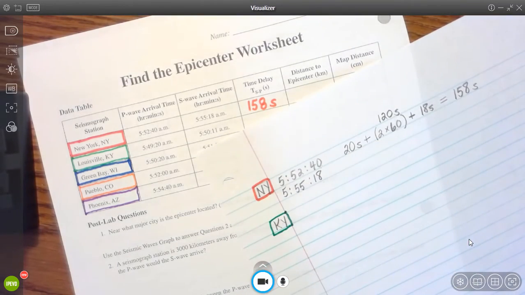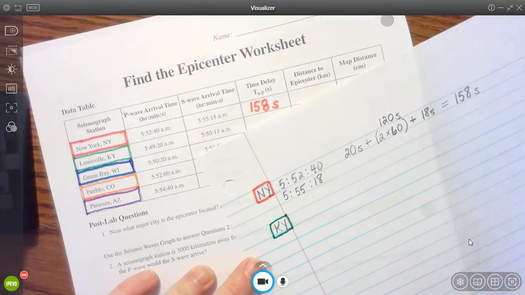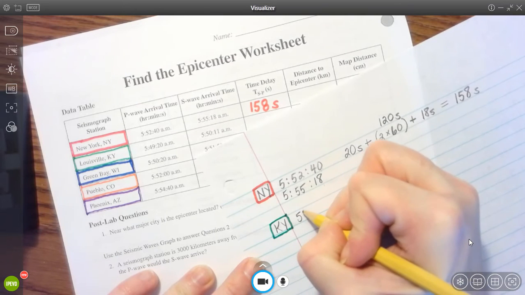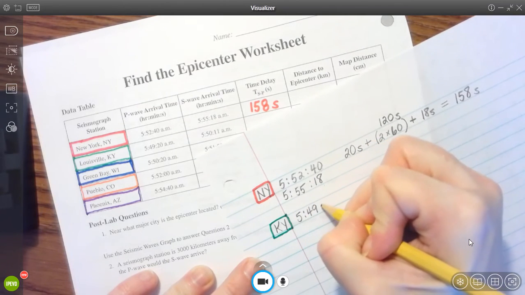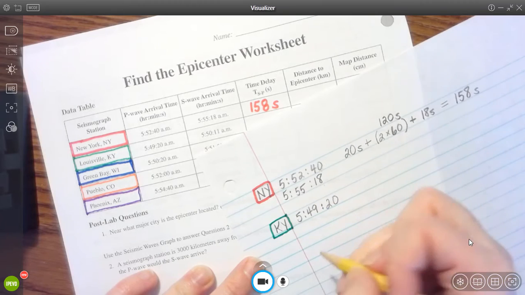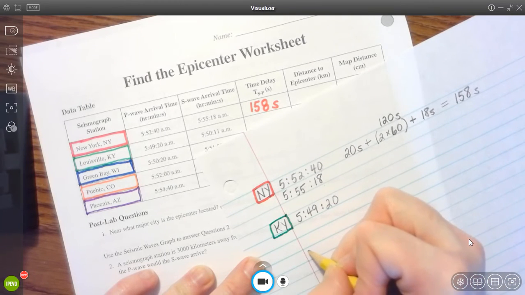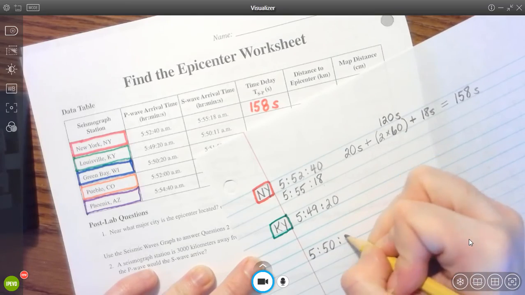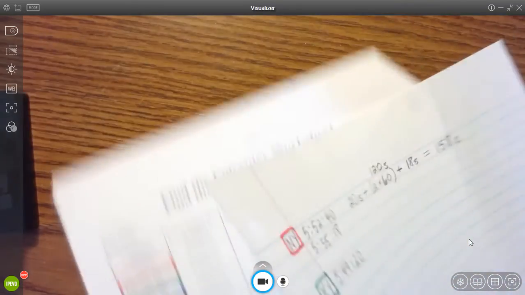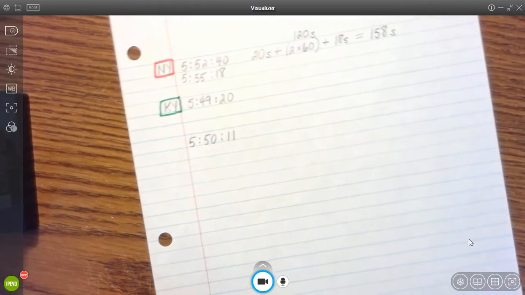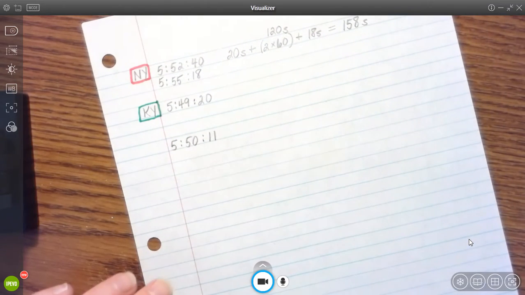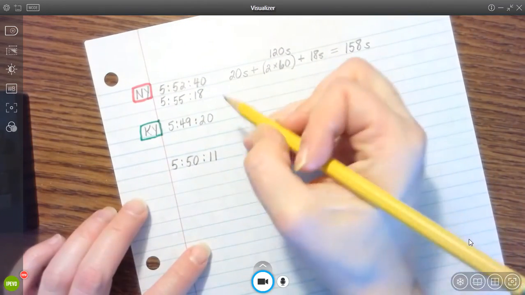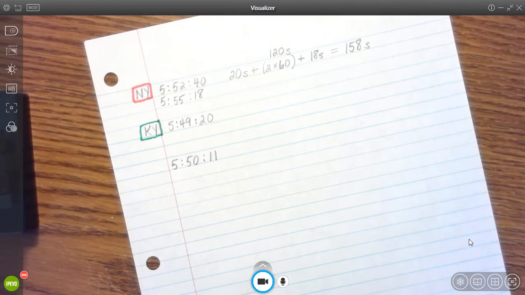Let's write out a little bit more work for this one, just in case you guys need to see it. So the P wave arrived at 5:49 and 20 seconds, and the S wave arrived at 5:50 and 11 seconds. So we have how many more seconds to get to the next whole minute?